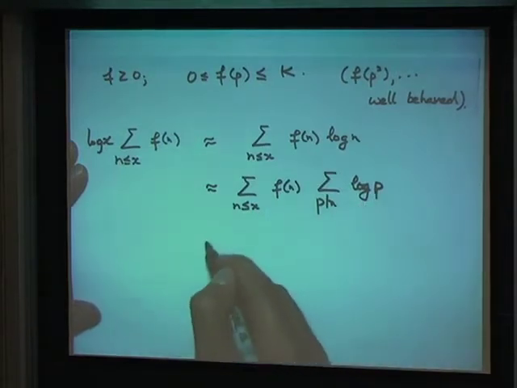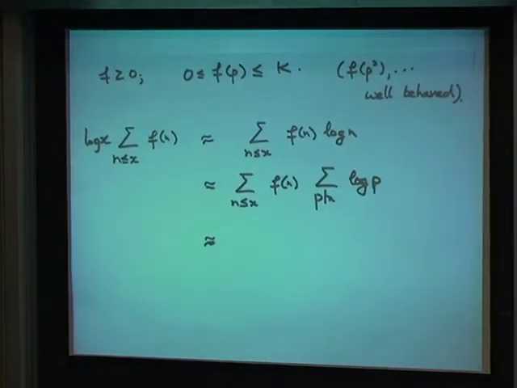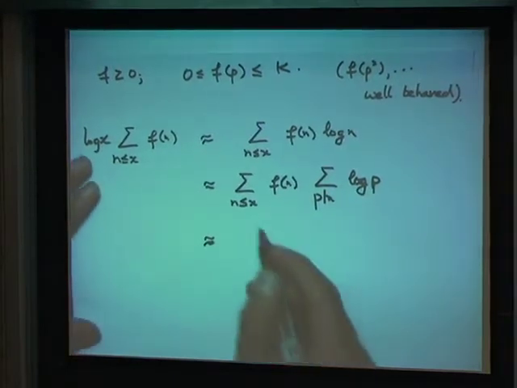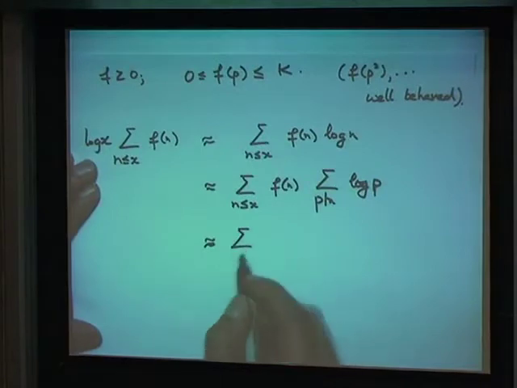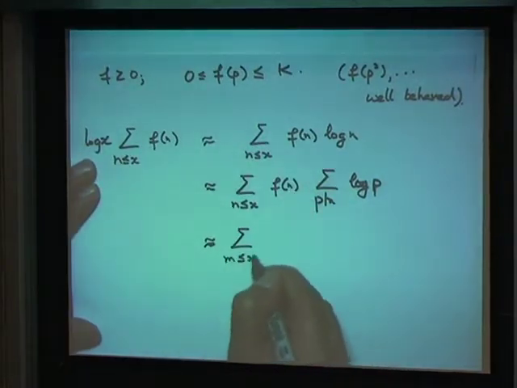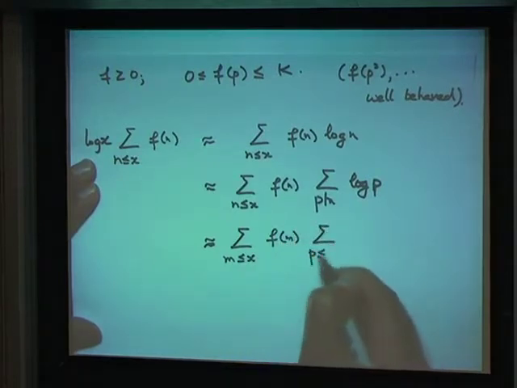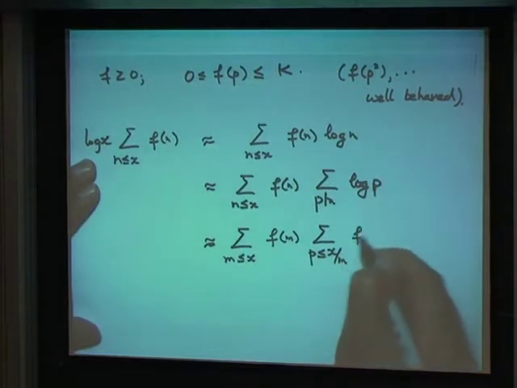So now if you interchange the sum over primes and integers, what we are looking at is something like a sum over n is p times some number m, let's say. So it's m goes up to x, f(m), and then a sum over p up to x over m, f(p) log p.